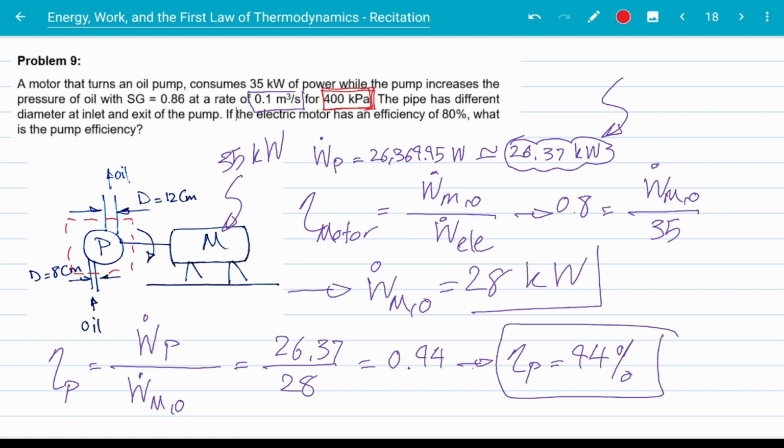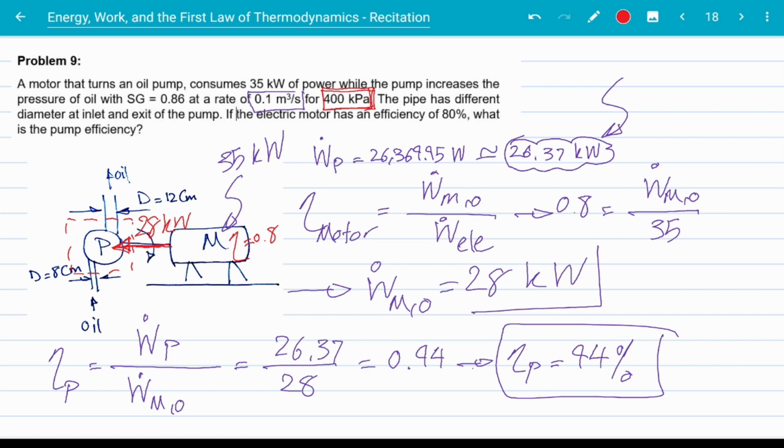Now, in order to clarify what we did here, we took the efficiency of the motor and calculated how much power exits the motor and enters the pump. So 28 kilowatts of power entered the pump.